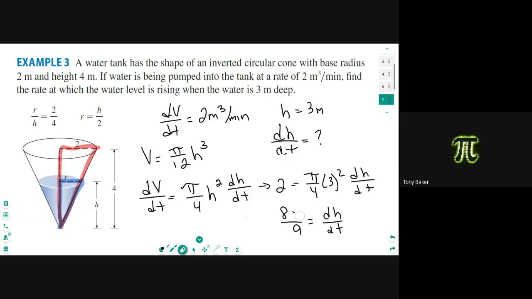Pi's on the bottom. 8 over 9 pi. And that would be in meters per minute. If anybody's wondering the actual decimal, it is 0.28 meters per minute.